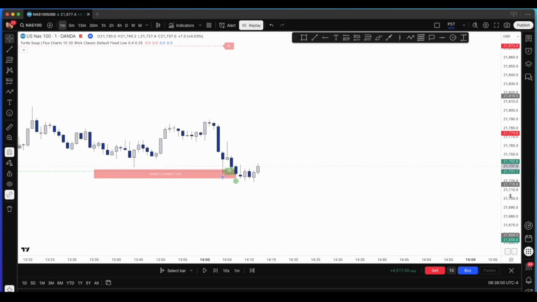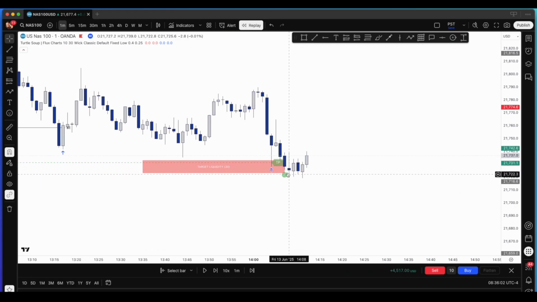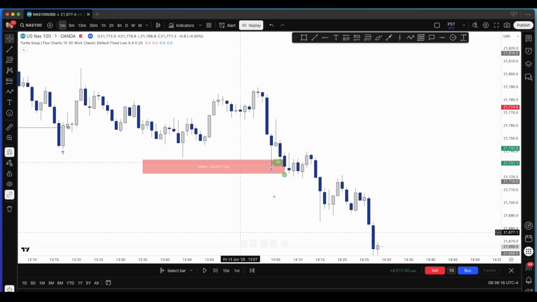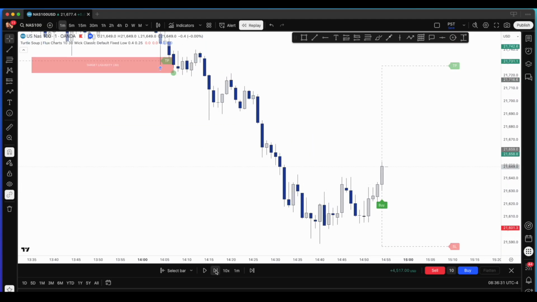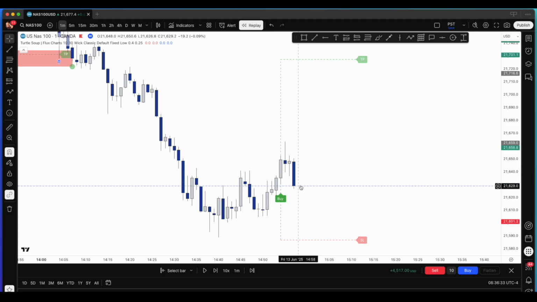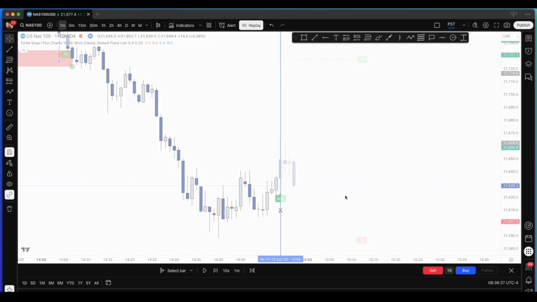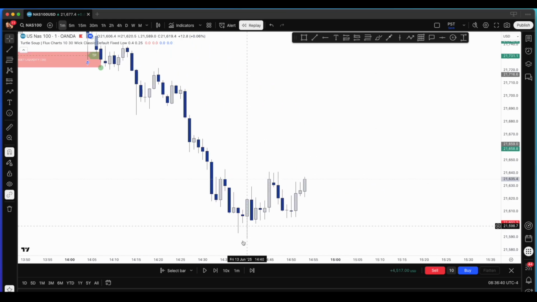So now again, after we hit TP here, we have our green circle. So liquidity has been grabbed. Let's wait for our buy signal. There we go. So we have our buy signal right over there. Just played a little bit too far.